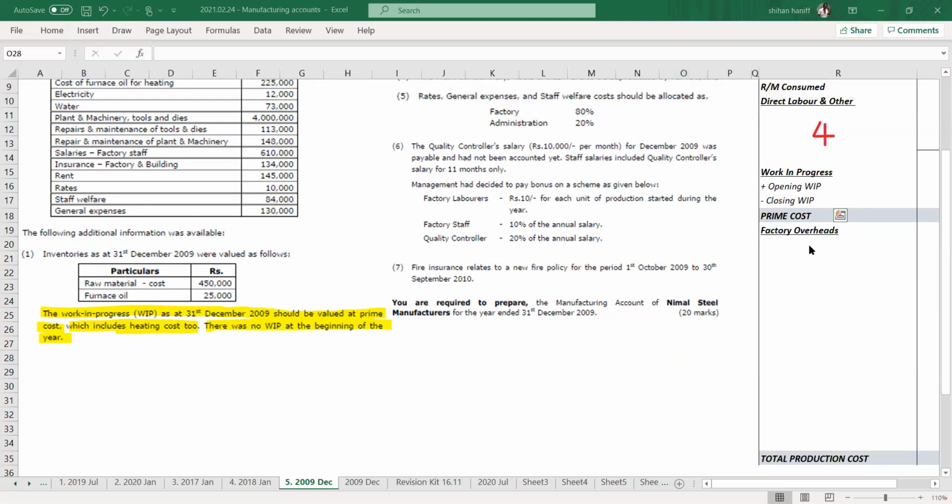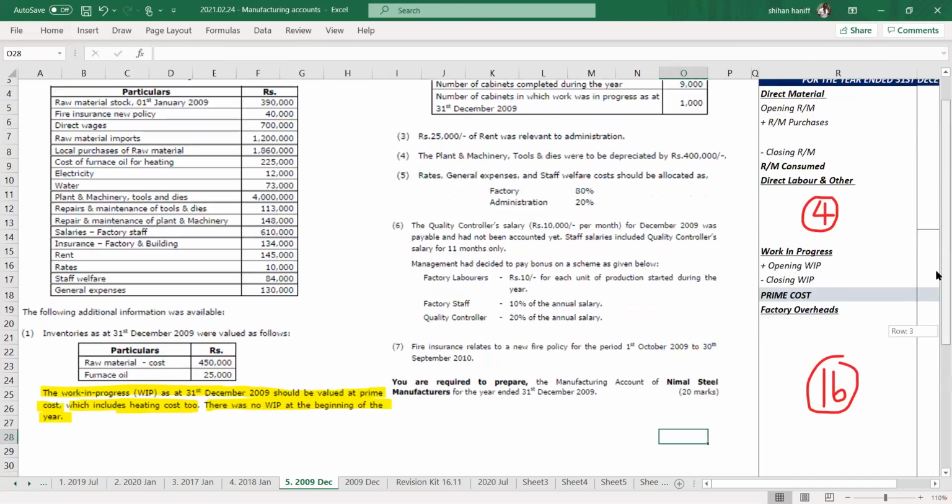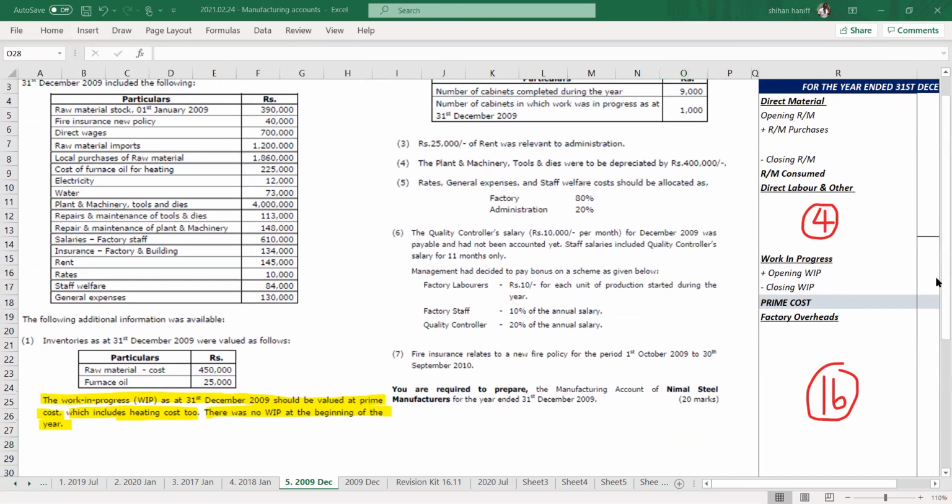Factory overheads, we need about 15 to 16 lines. Keep space here, maybe 3.